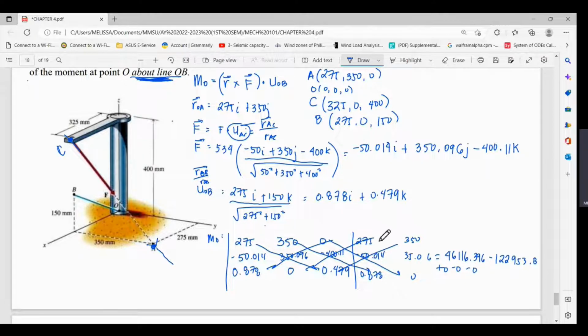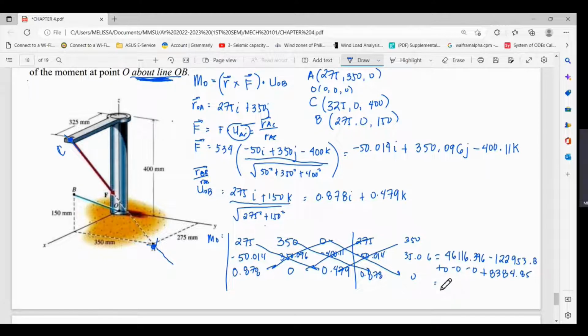Minus 0. Tapos dito we have here 350, negative 50.014 and 0.479. Okay, negative 8384, tapos minus pa, so magiging plus 8384.85. Okay? So again, this is minus tapos negative 8384 kasi yung lumabas. Kaya plus.